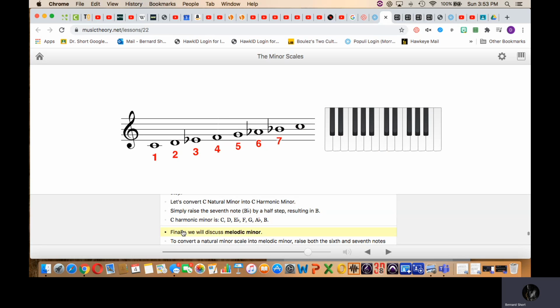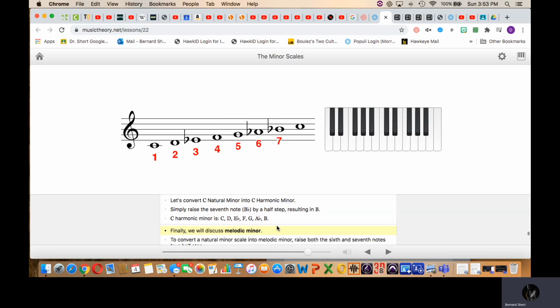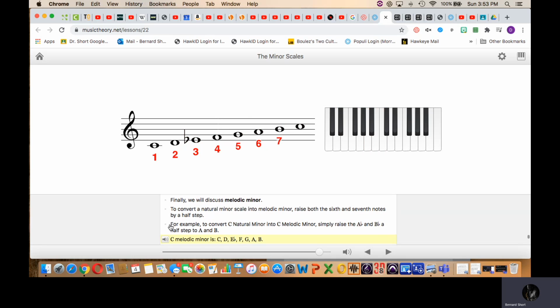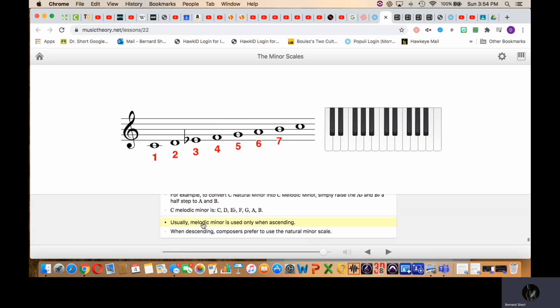Now the melodic minor scale, you're gonna raise the sixth and the seventh a half step on the way up, and then on the way down, you're going to lower them. So watch how it works. Here we go.